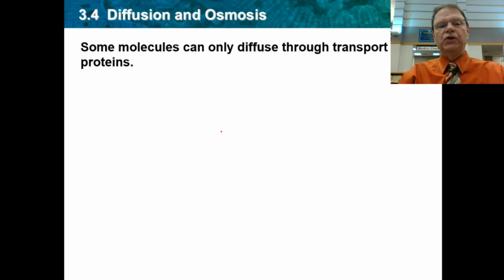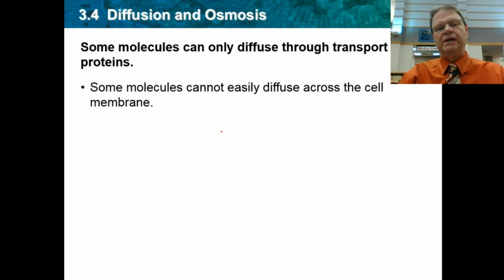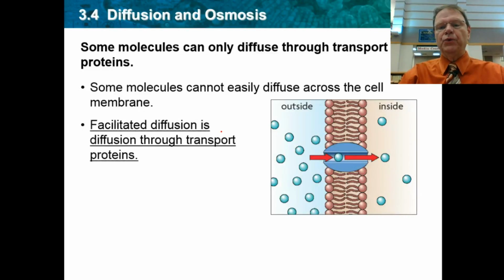And then some molecules can diffuse only through the help of transport proteins. And these are molecules that will not easily pass through this phospholipid bilayer.